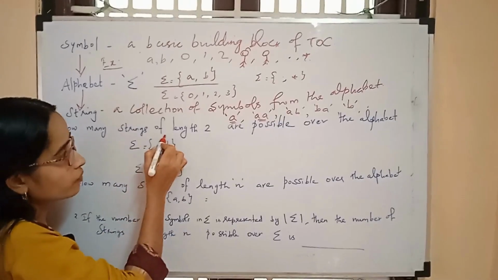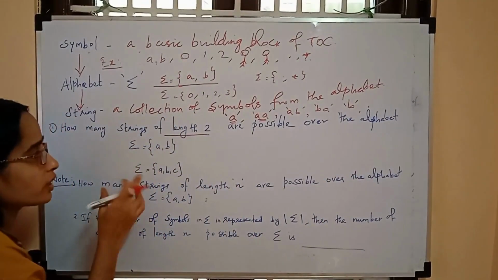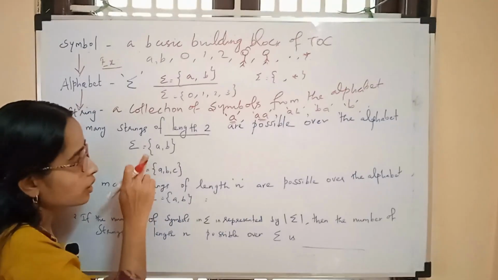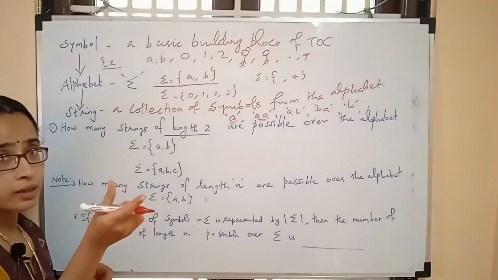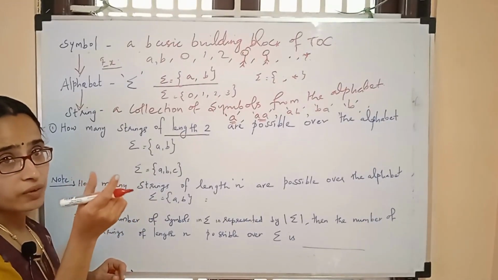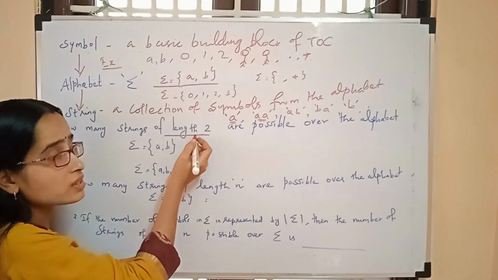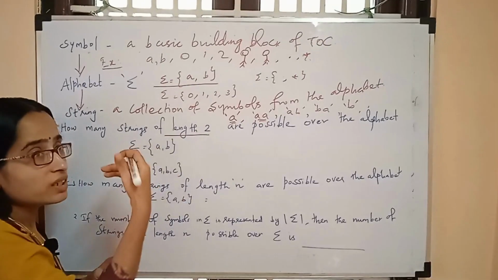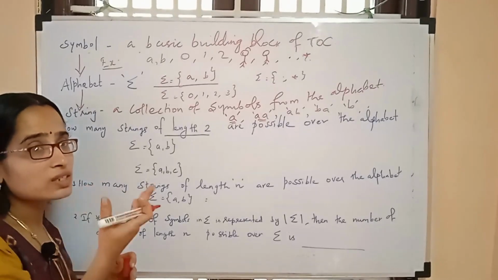The input alphabet contains two elements, that is A and B. Now you have to form the string in such a way that the string length should be 2. How many such strings can you form? That is the question.